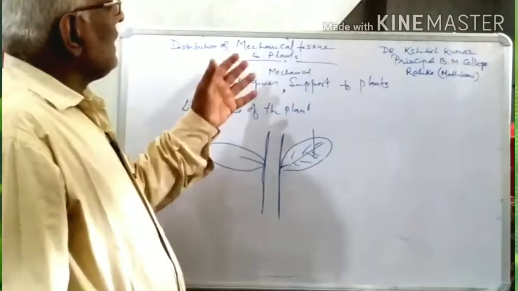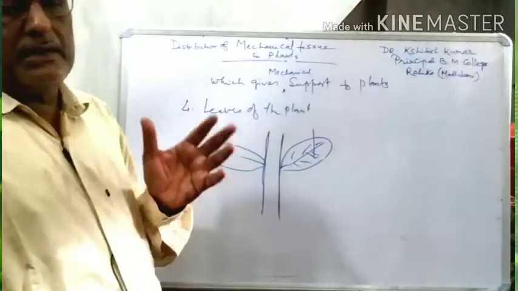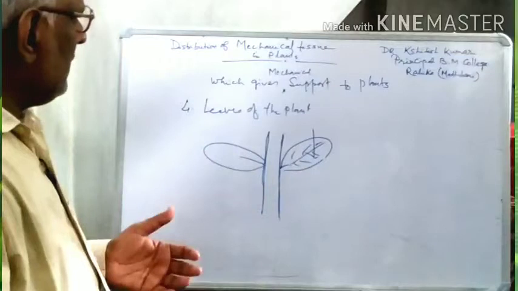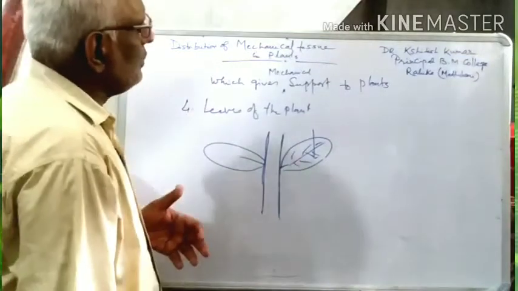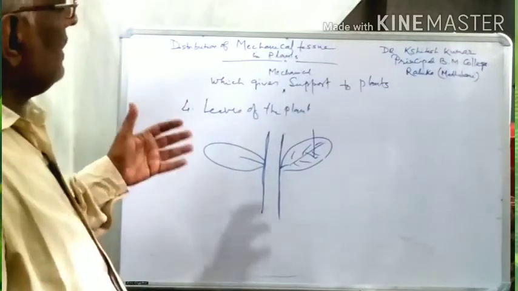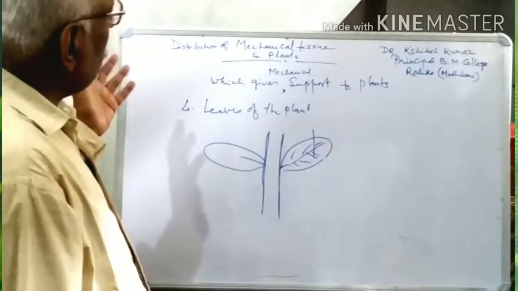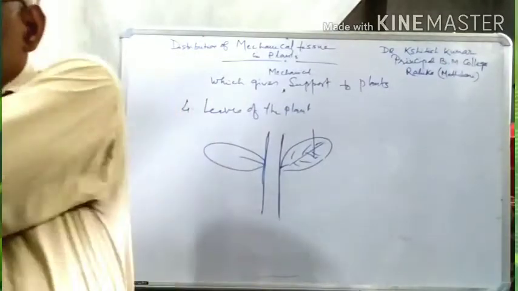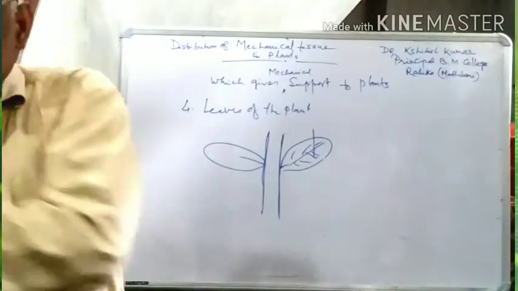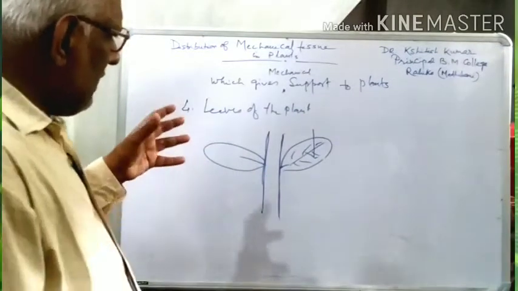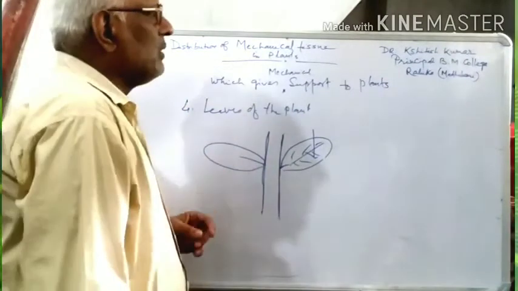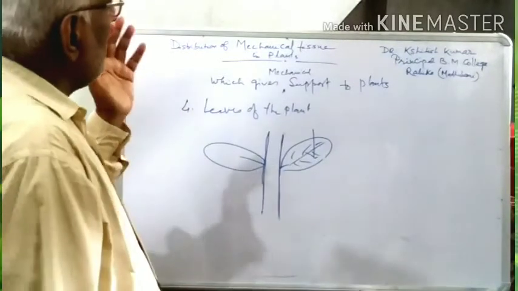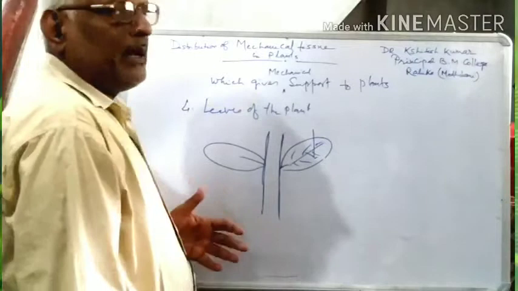The distribution of mechanical tissue is due to the need of the plant to bear external mechanical forces, and therefore different types of tissues are found in plants which give mechanical strength to the plant.